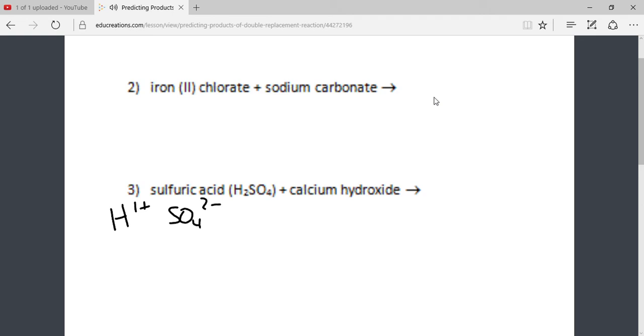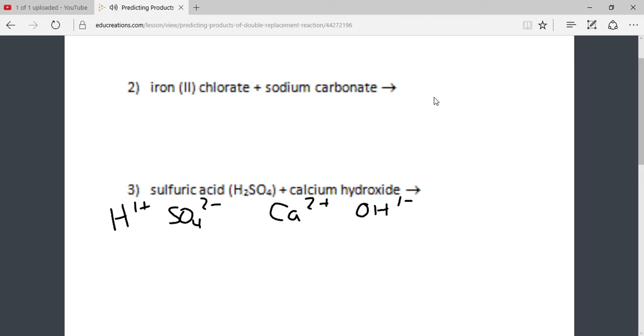Hence the formula H2SO4. Calcium hydroxide is made up of the ions calcium with a 2+ charge, hydroxide with a 1- charge. This is that special form of double replacement reaction, sometimes known as neutralization.